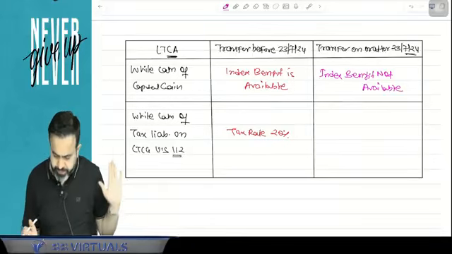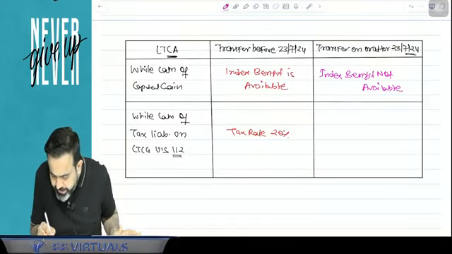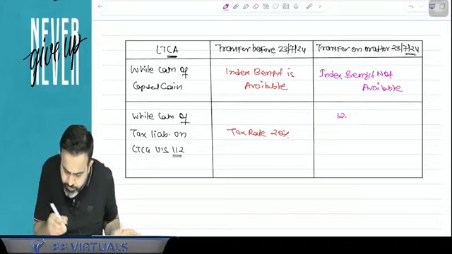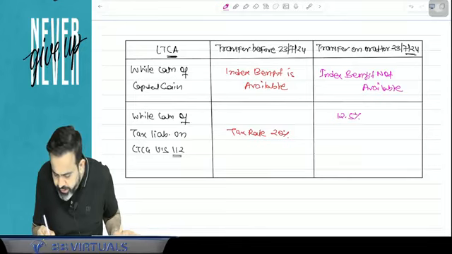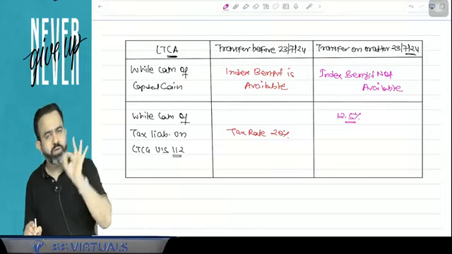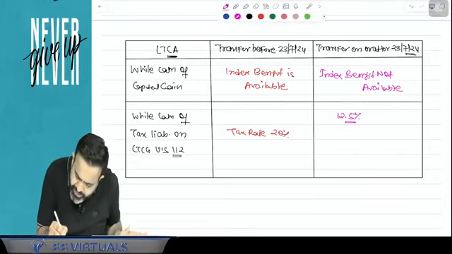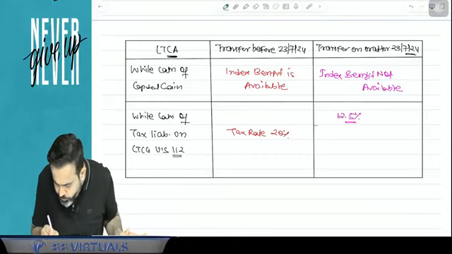Now, what will be the tax rate? So, can I say that here tax rate is 12.5%, that we have discussed in the first topic also? Long-term capital gain is taxable at the rate of 12.5%. But guys, there is one exception that you have to understand. Here I am writing one exception. Try to understand.